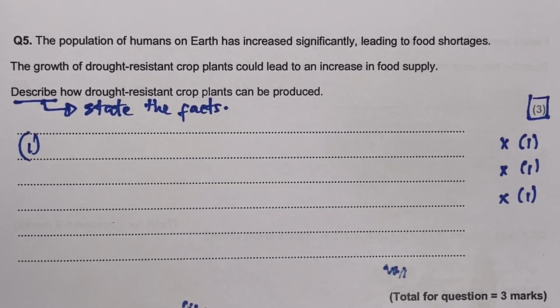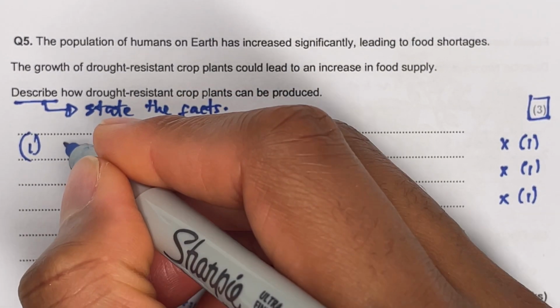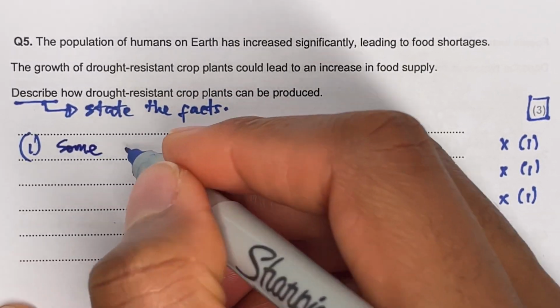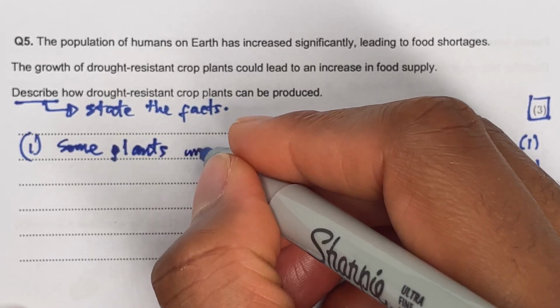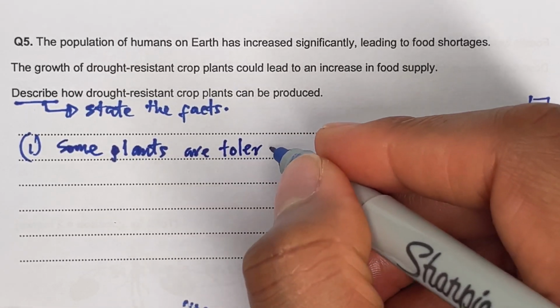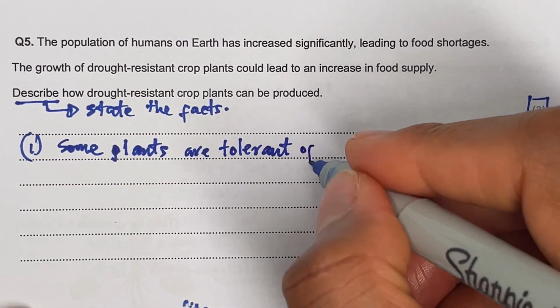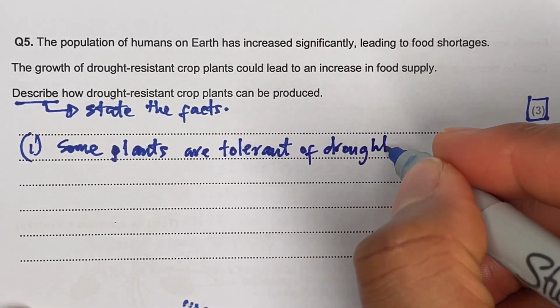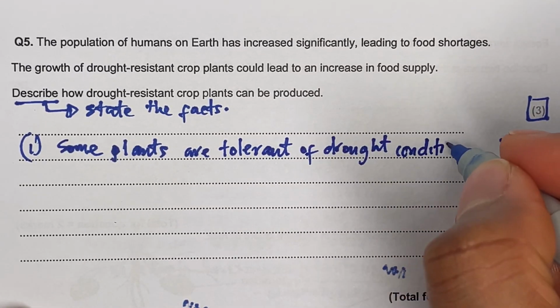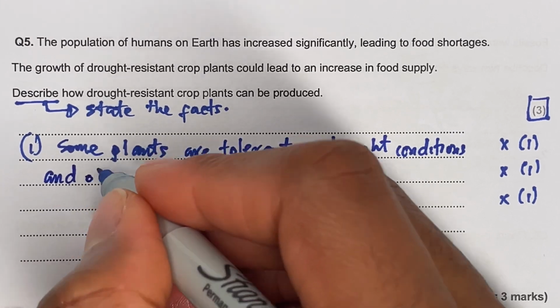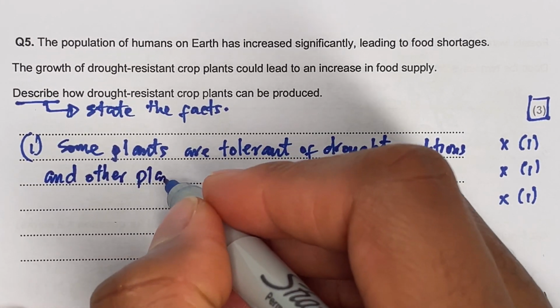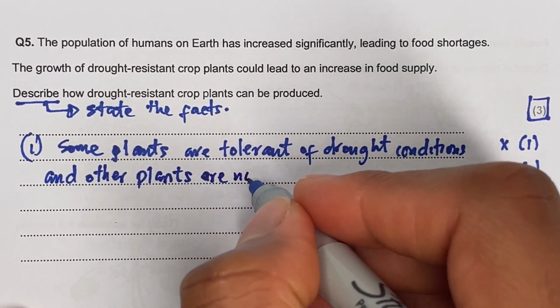So I can now say that some plants are tolerant of drought conditions, and other plants are not.